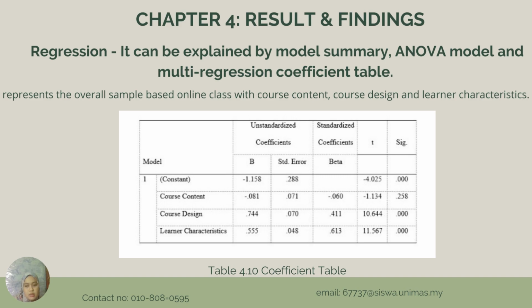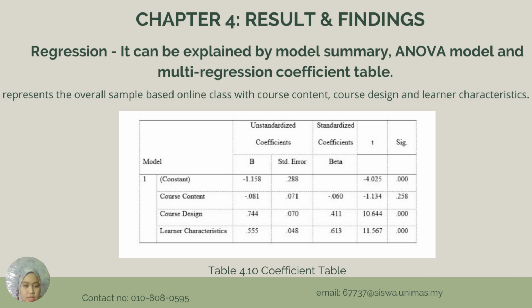Regarding the standardized beta, the learner characteristic, B is 0.613, is the most influential on online class, and the course design, B is 0.411, is the least influential on online class.